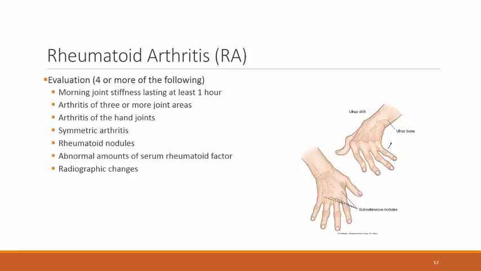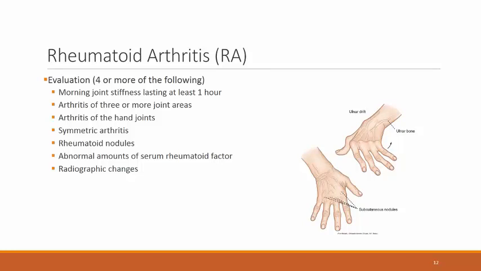So the patient's hands will be moving towards the ulnar bone, and their pinkies will be sticking out somewhat. If four of these are present, that's diagnostically relevant to diagnose rheumatoid arthritis.